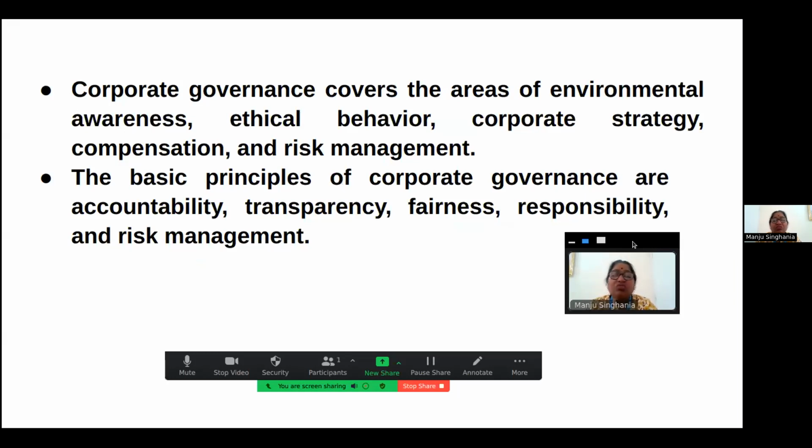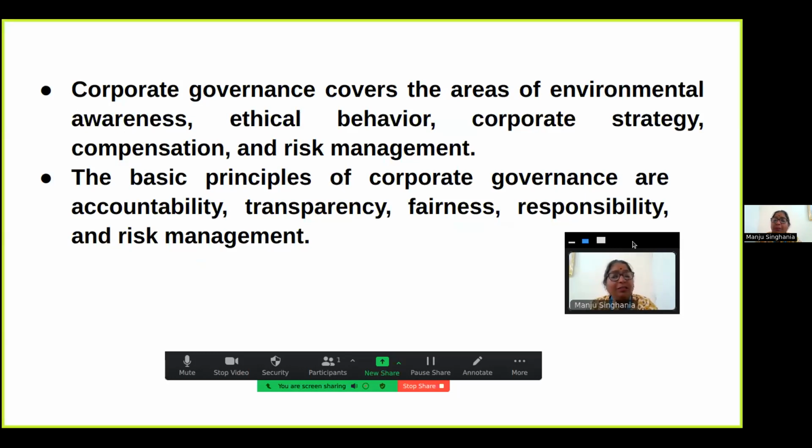Corporate strategy should be there. Competition is also there, so various factors are considered. What will be the compensation of everyone? How does the business have risk, and how will the risk be managed? How will the environment be protected? How will corporate behavior be ethical? And considering the competition as well.